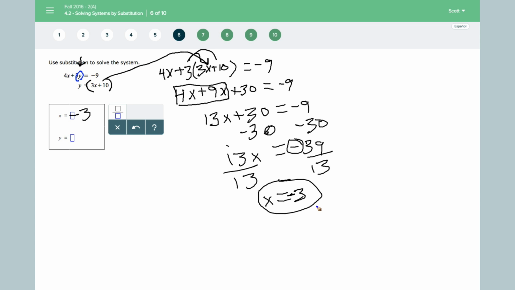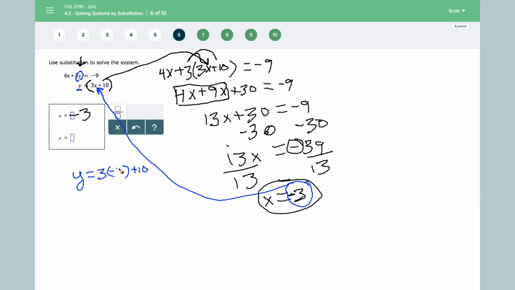And from here, I take that negative 3 and I plug it in for x. Again, you can use either one. This one's easiest because it's already solved for y. So I have y equals 3 times x plus 10. What is x?